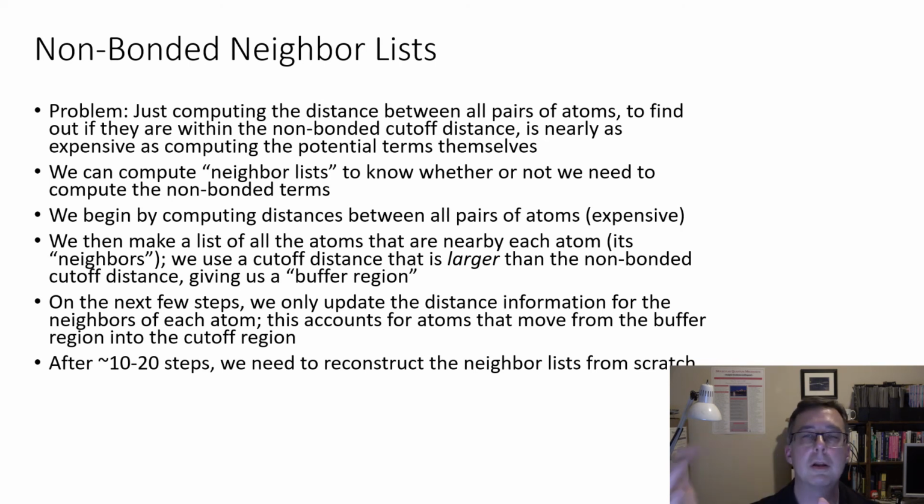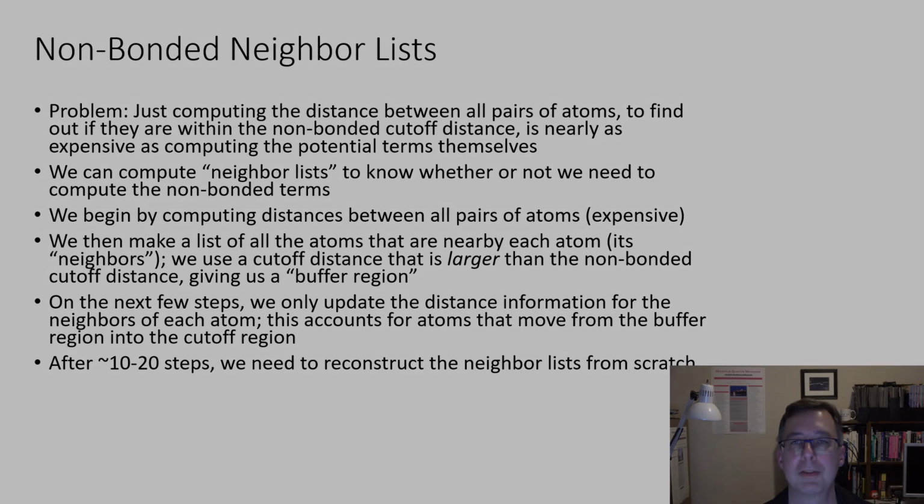Because if I've got some cutoff and I say everything within that cutoff I'm going to include, everything outside that cutoff I'm not going to include, I need to know how far apart all the atoms are. But that's a problem, because to know for every atom how far apart every other atom is is an n squared computation, and that's what I'm trying to avoid. I just mentioned on the previous slides that n squared is a large number, and I want to avoid that.